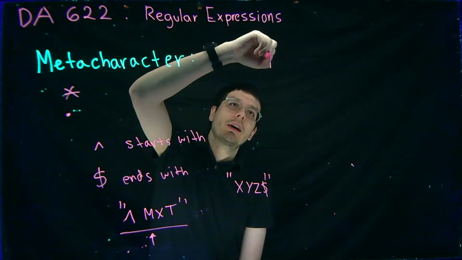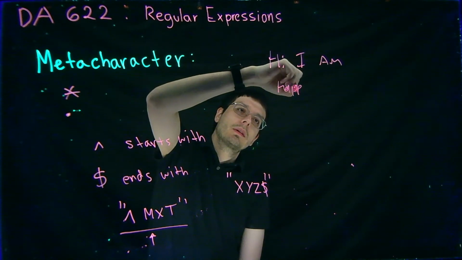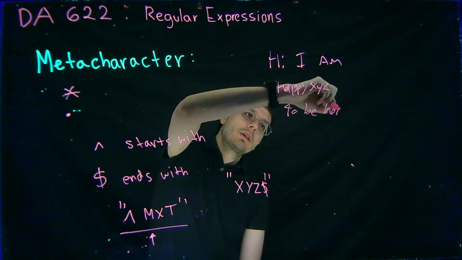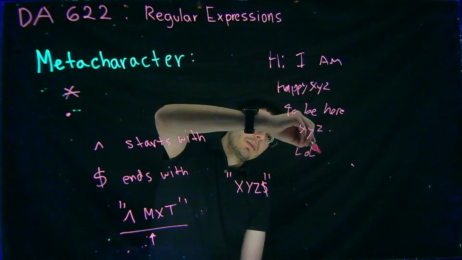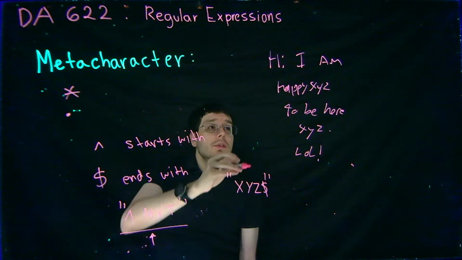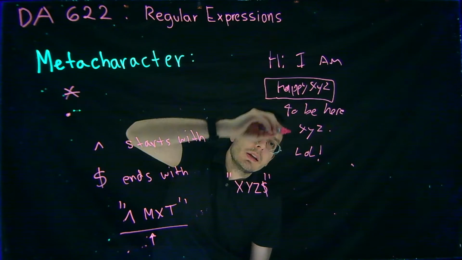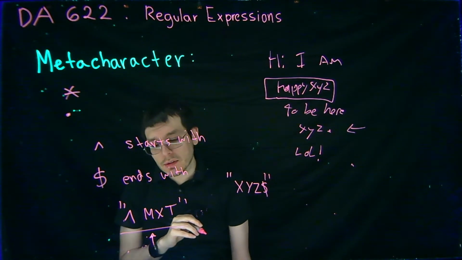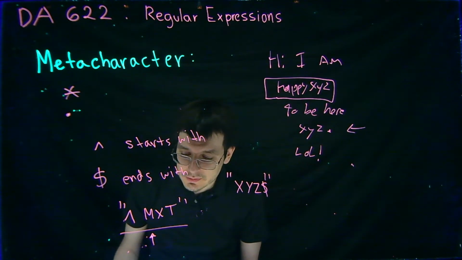So if you have something like, hi, I am happy XYZ to be here, XYZ period, LOL, then it would actually find this happy XYZ, and that's it. It wouldn't find this one because it has this little dot at the end that screws up that string, so it doesn't end with that technically. So you have to be careful about those kinds of tricks. Okay?